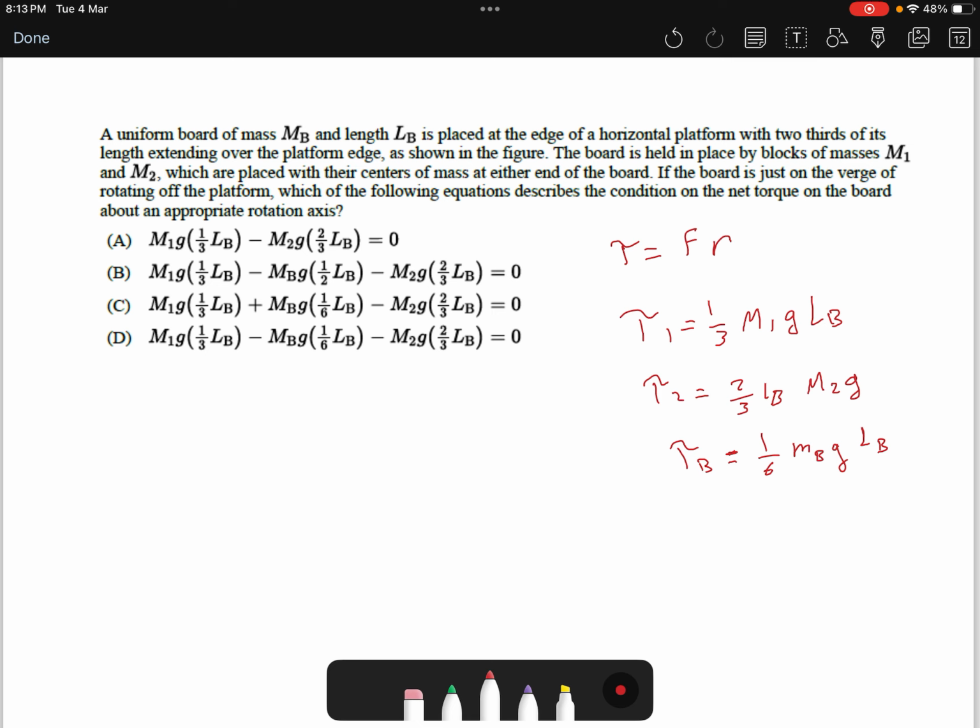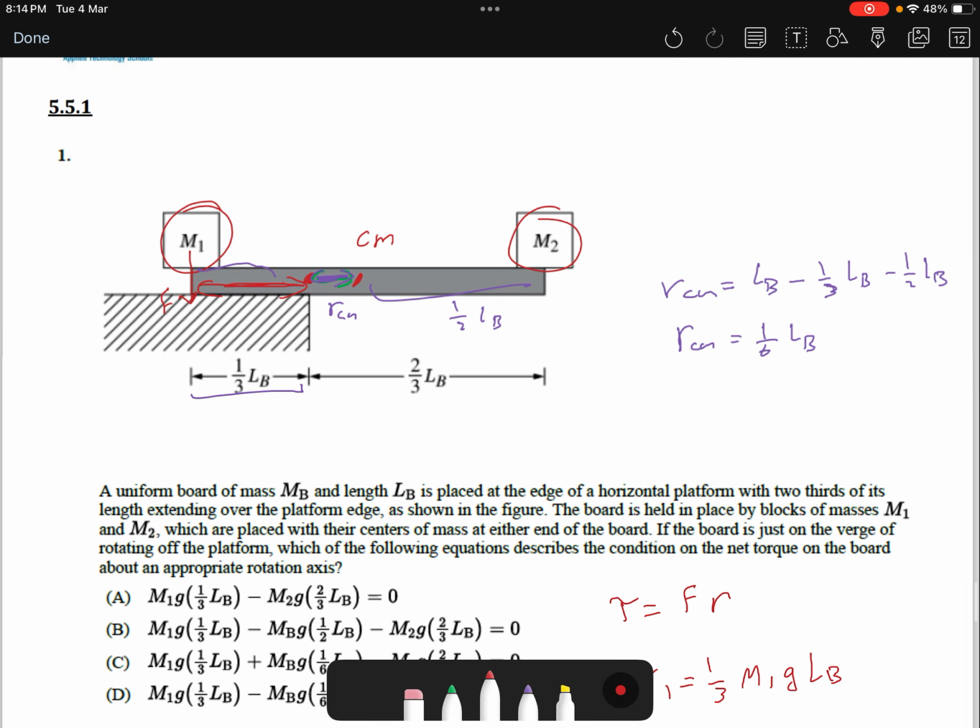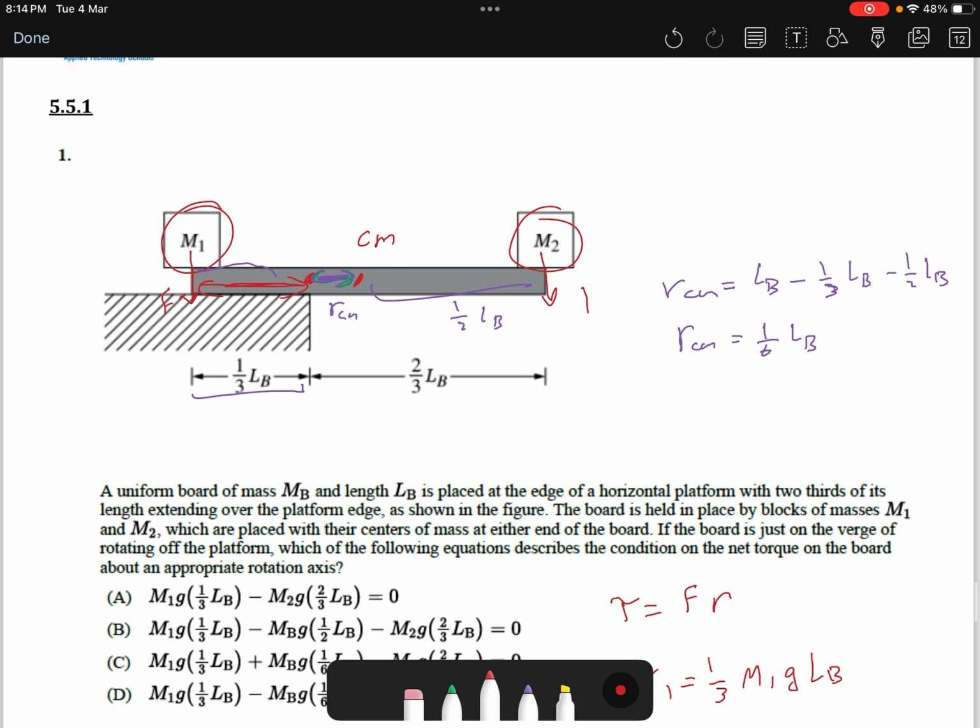So which formula will give us the right condition? Actually, we need to add them all in one equation. But we also need to be careful which one is negative and which one is positive, because, for example, the torque of M1 is clockwise, the torque of the board itself is clockwise.